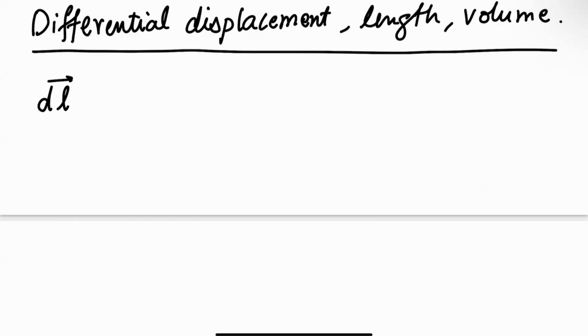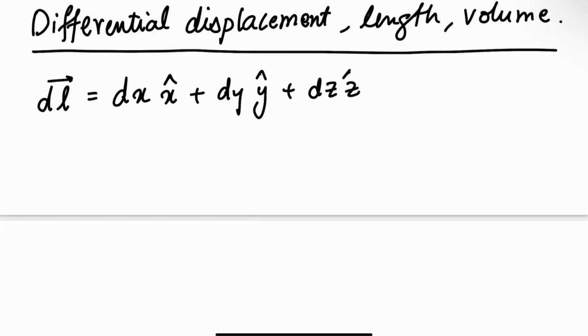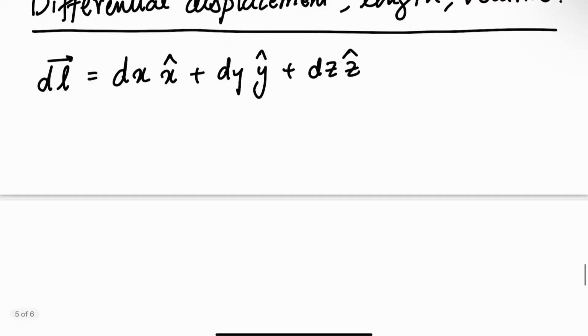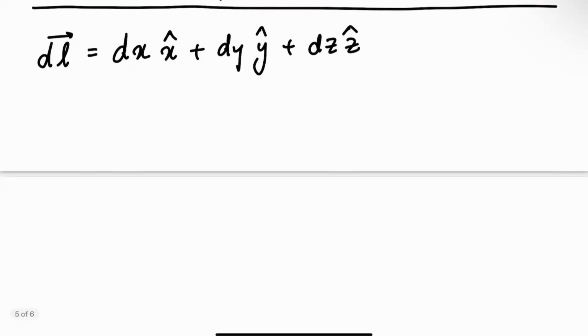So we said that a small displacement in length, in Cartesian coordinates, is fairly easy. It's just dx x hat plus dy y hat plus dz z hat. Okay. And Cartesian coordinates is very easy to see because you have, let's actually draw it out, x, y, and z.